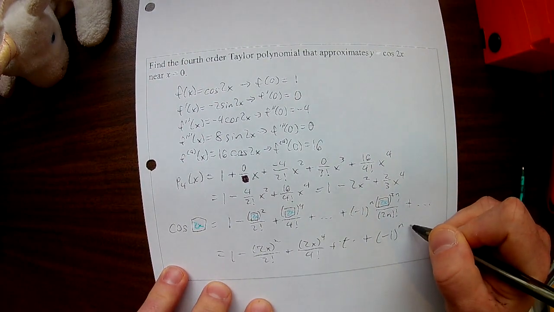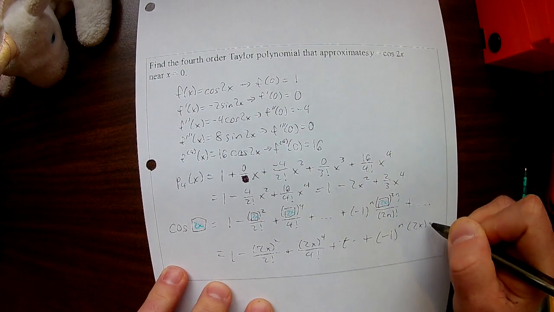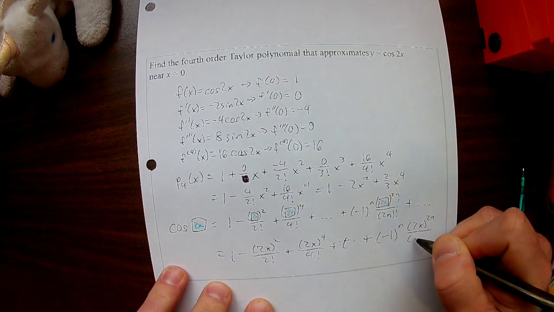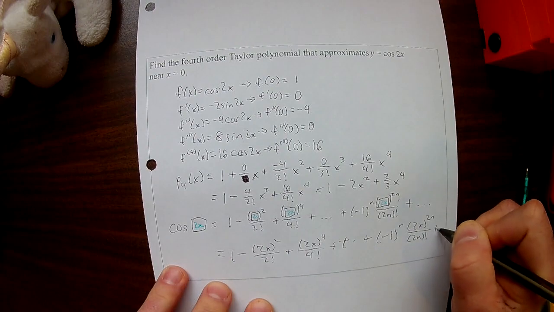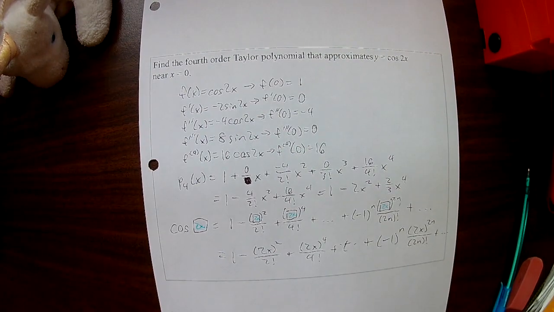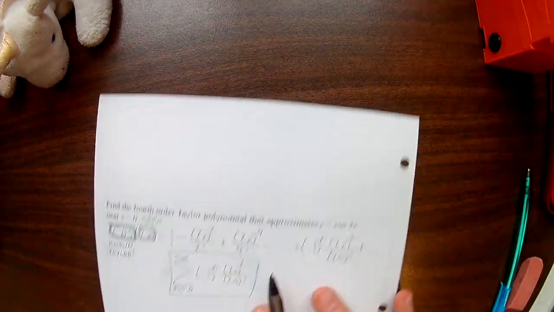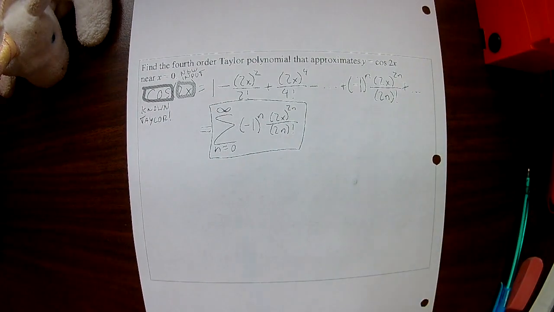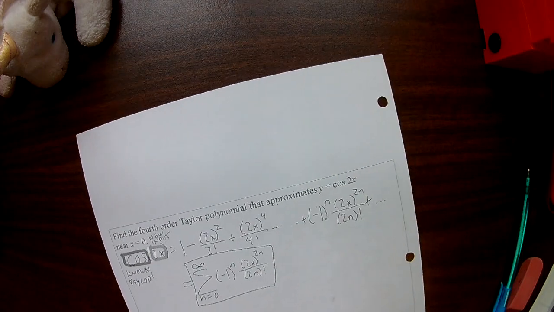Negative 1 to the nth times 2x to the 2n over 2n factorial. And a lot of times AP is going to ask you to do that, where you just plug stuff into a known Maclaurin series and get a new Maclaurin series out of it. And you can see over here, again, the same exact work that we had just then.